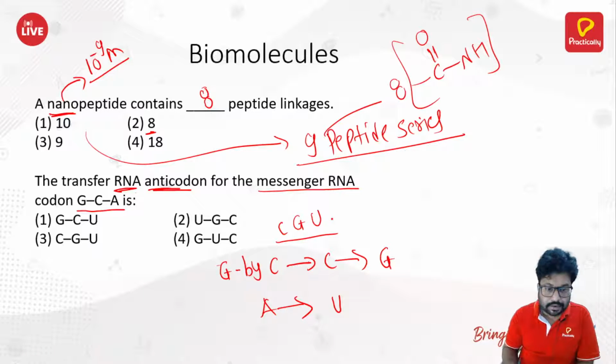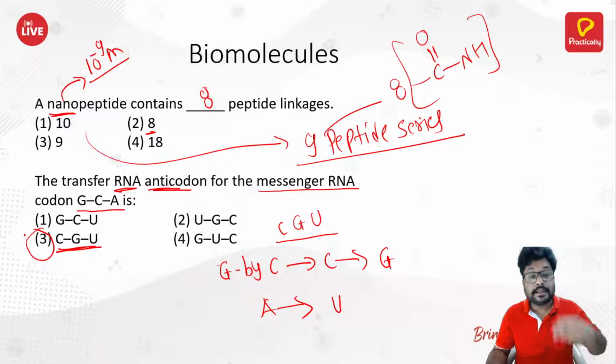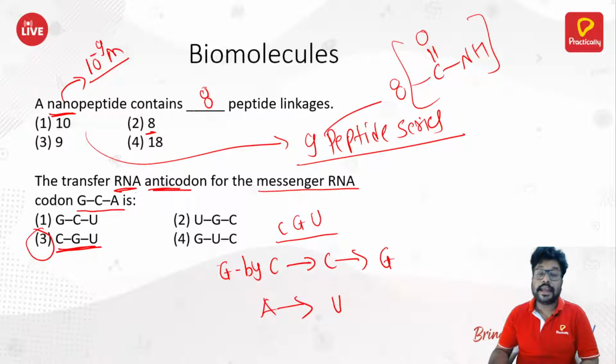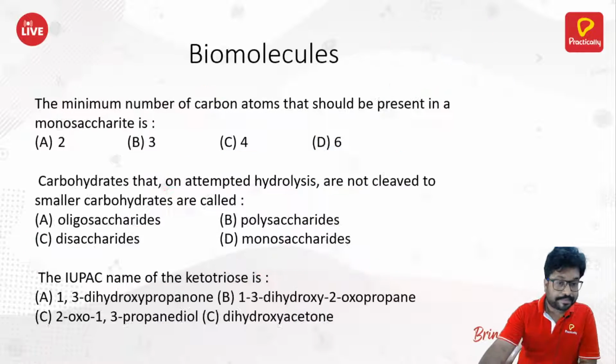Where is CGU? CGU is here. That is why the answer in this case is third. Okay, that is how you can solve this RNA anticodon problem.